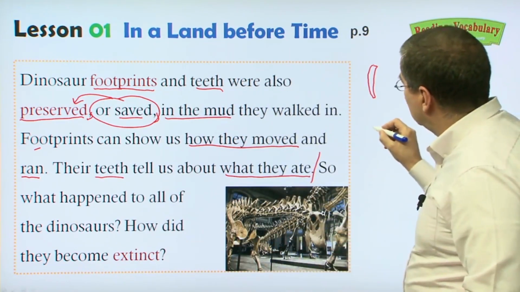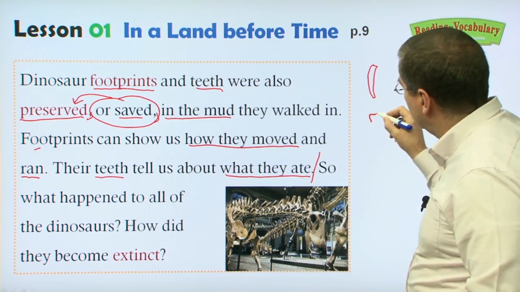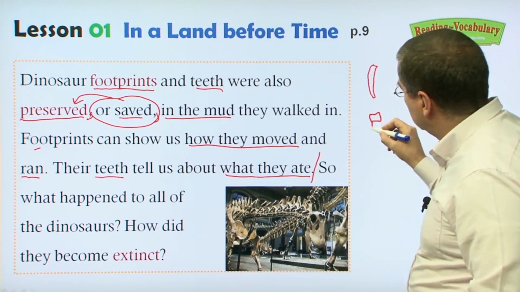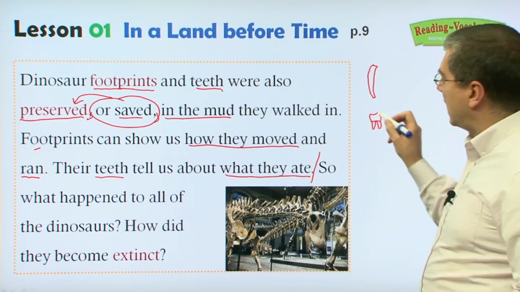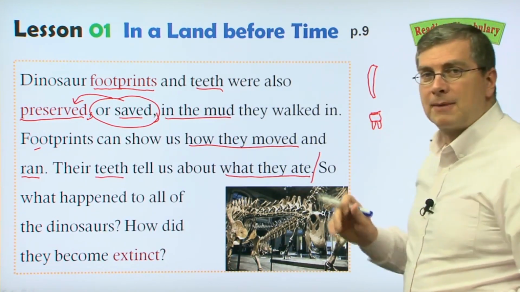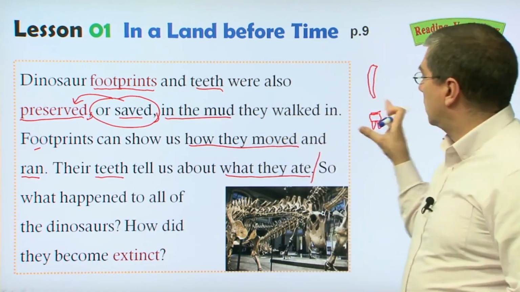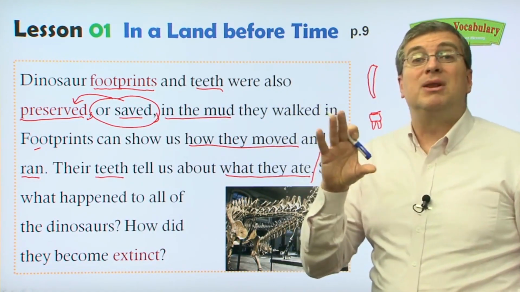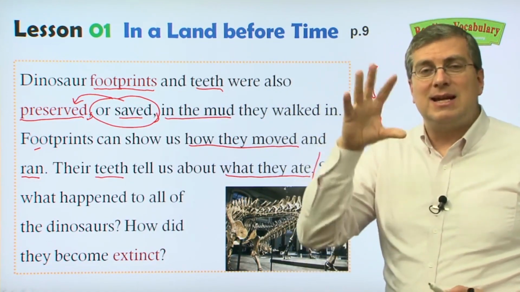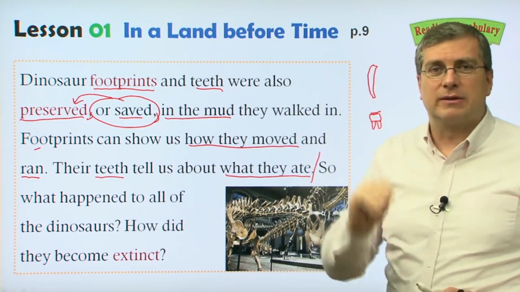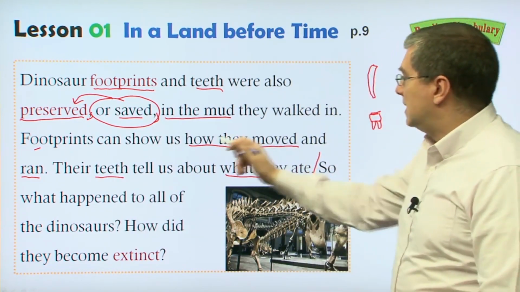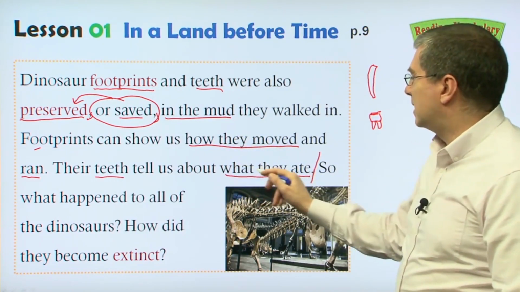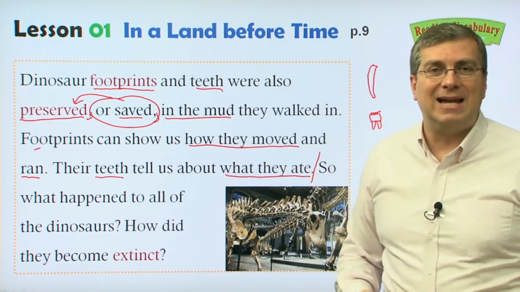But if the tooth was like this, came up like this and was like that, okay, I'm not a very good artist. But if the tooth looked like that, it was flat on top, that tells you the dinosaur or the animal probably ate plants, right? And it needed teeth like that to crush the plants. Okay, so meat eater, plant eater. The teeth can tell us about what they ate.